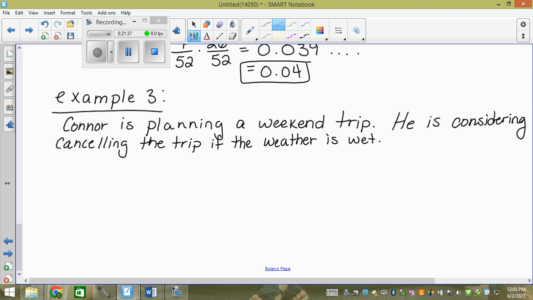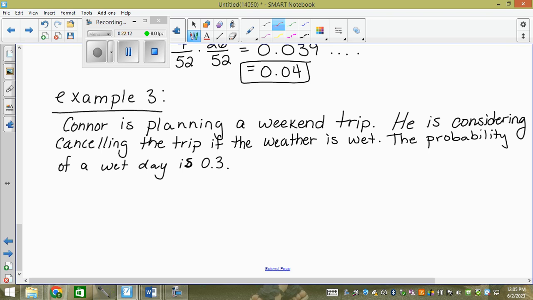The probability of a wet day is 0.3. So he's going for 2 days on this trip is what they would have to say, okay?